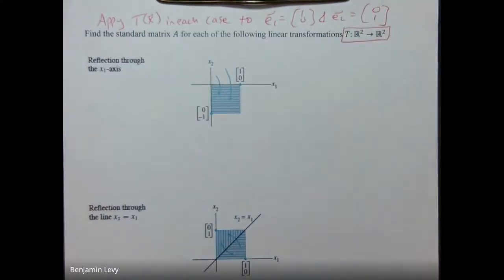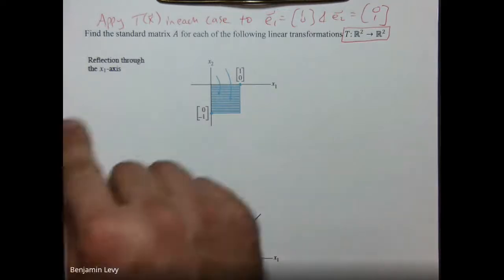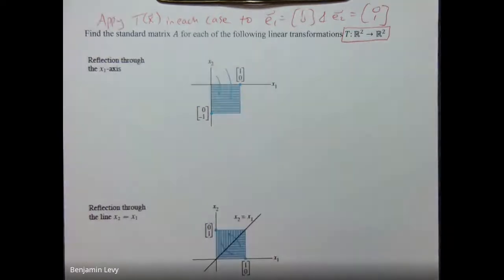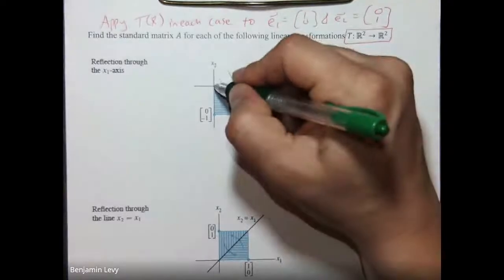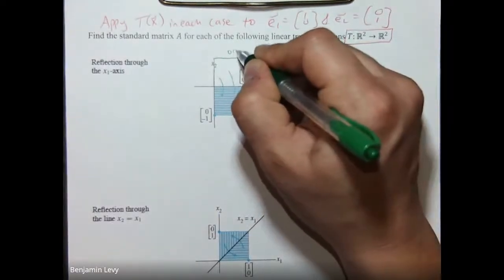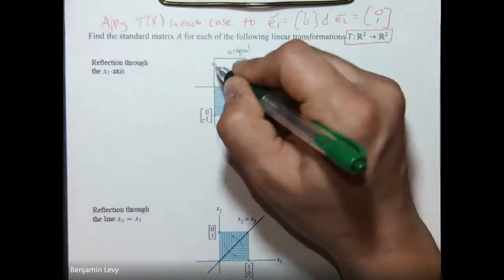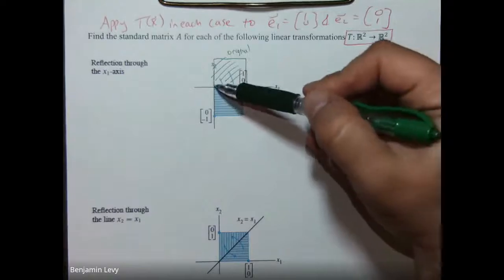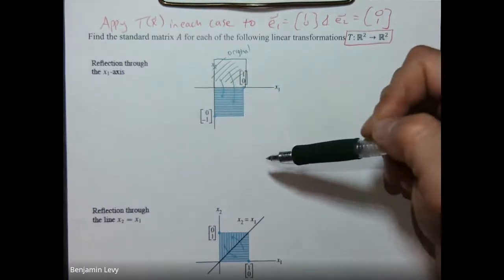Okay. So this first transformation is a reflection through the x1 axis. And what's going on here, what the arrows are showing, is it's showing an old box. So this was like the original box that might be right here. And it's being reflected around the x-axis to where the blue box is right now, right?